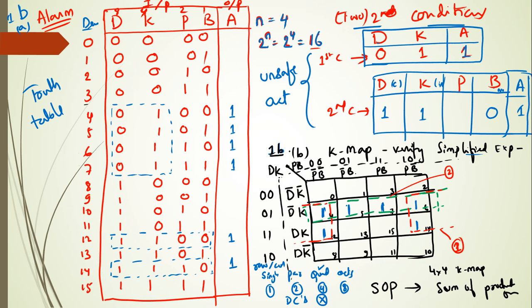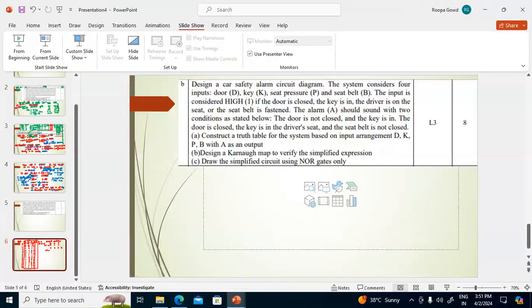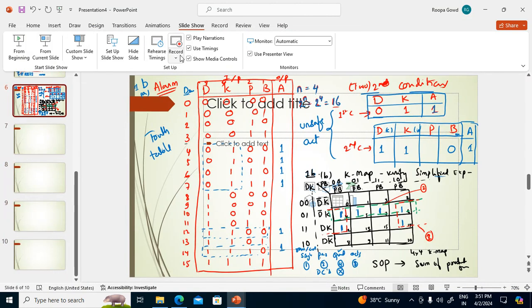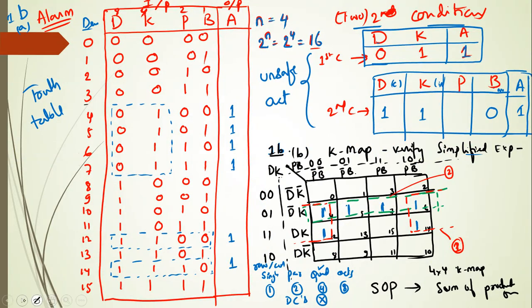You can write the simplified expression. To write the simplified expression, use this table.